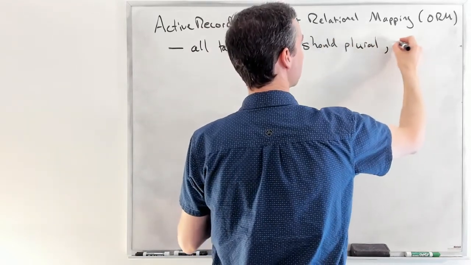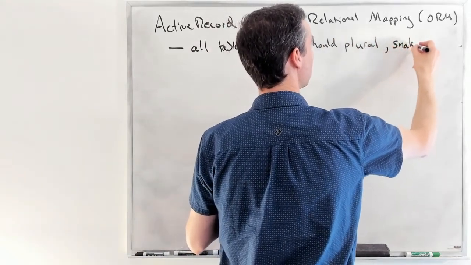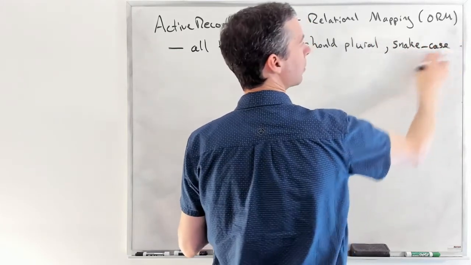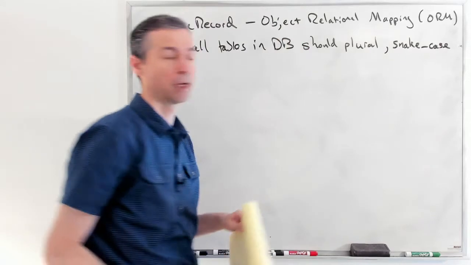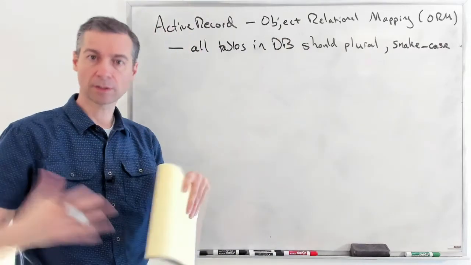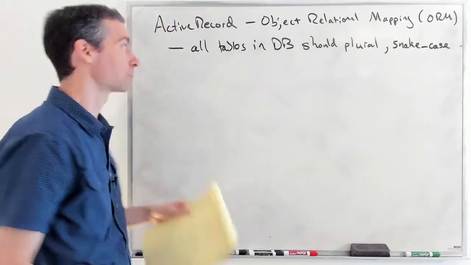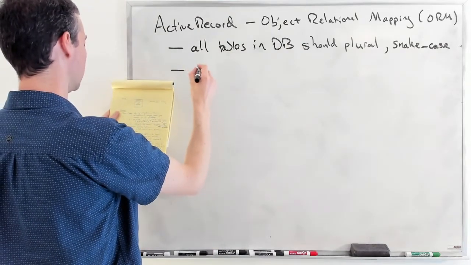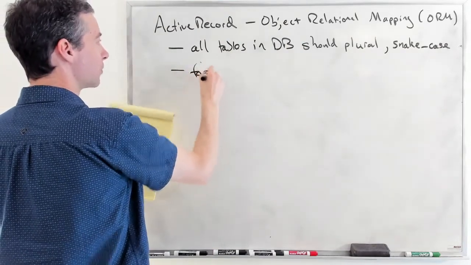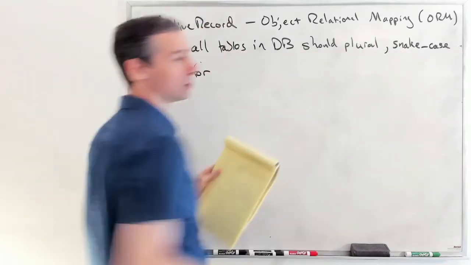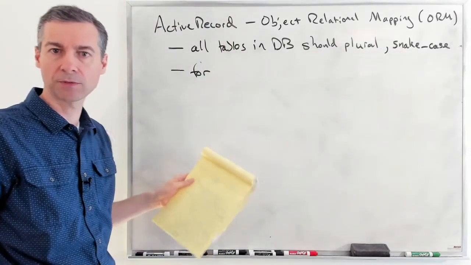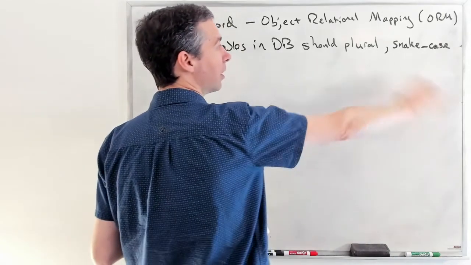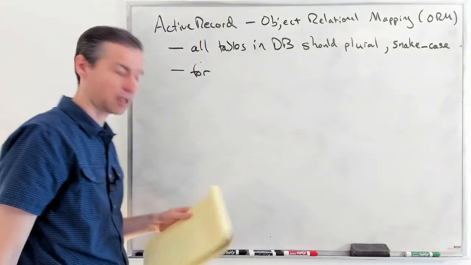And they should be in plural, and you should name them using snake case. So where you go all lowercase, and any words you want to have as separate words, you use an underscore. So that goes for whatever tables that you might have for your relationship sets as well. They should also be written in snake case. Okay.